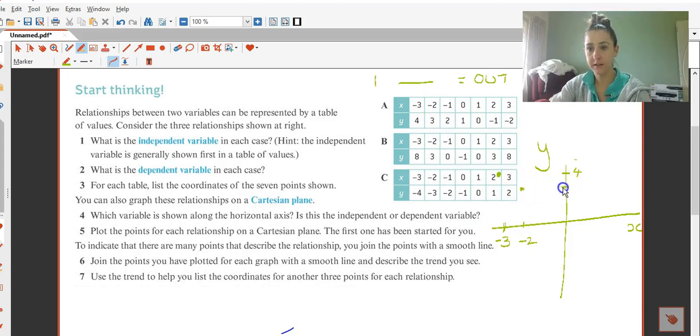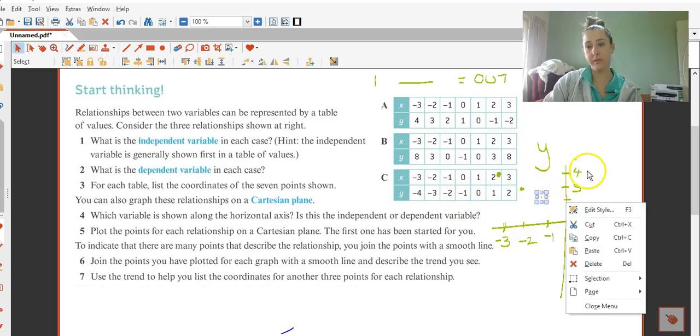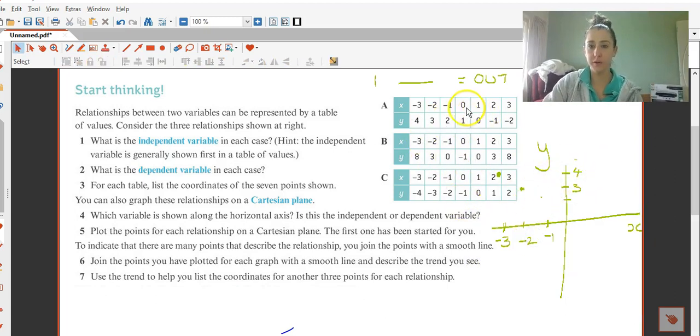I can plot that there. Next up is x is minus 1. And my y is 2. Now, this isn't overly accurate. I'm just really doing a quick sort of jot.